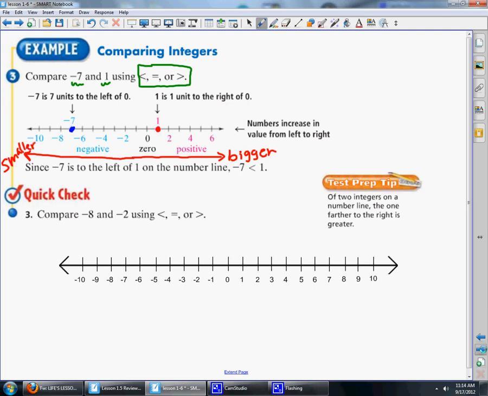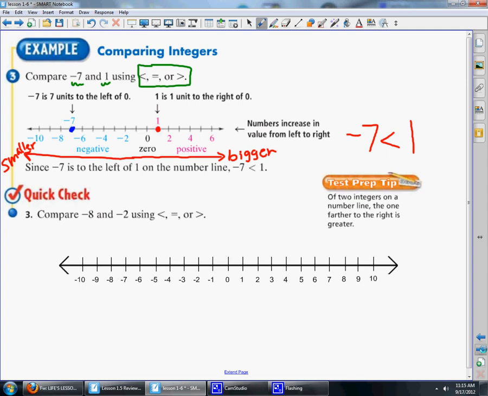So when we write this, we can say -7 is smaller than, or we're going to use the less than symbol, which looks like that, is smaller than 1. So why don't you try the quick check here and see what you get. Pause the video and turn it back on once you've written your inequality or your equation.